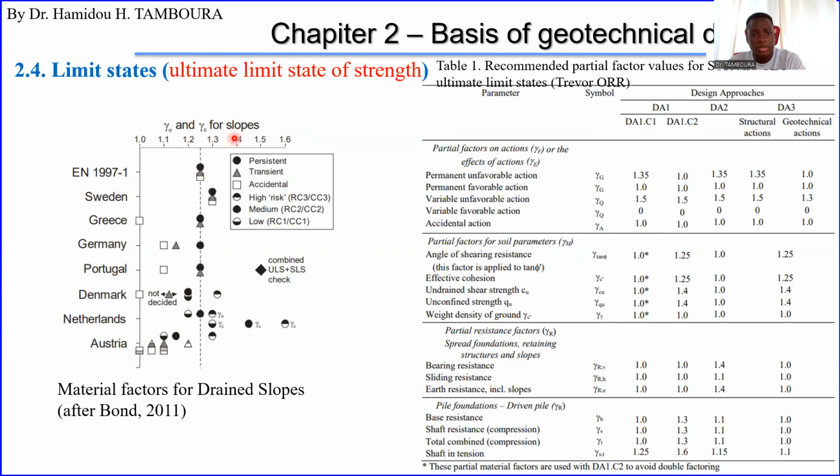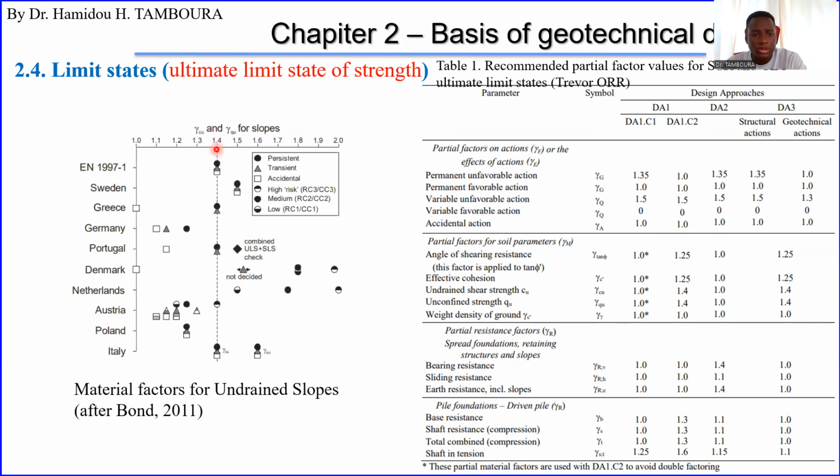This is when the slope is drained. When the slope is undrained, in that case, we have this cu and qu, the undrained shear strength and the unconfined strength. So Eurocode is proposing 1.4. You can see 1.4 here, this line of Eurocode.